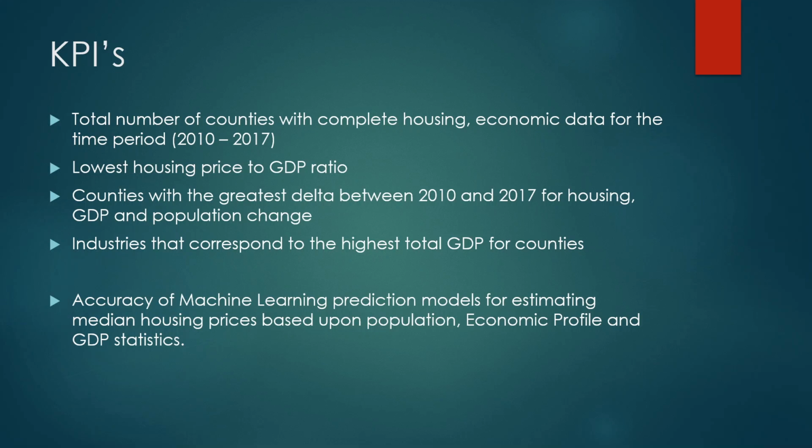Is there one area where GDP economic activity ends up being a high correlation for overall productiveness? And then overall, the scope of this project is to develop a machine learning algorithm that can predict housing prices, and so the accuracy of those models is important as a KPI.